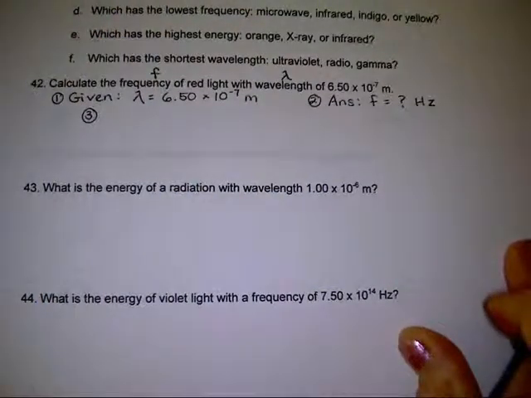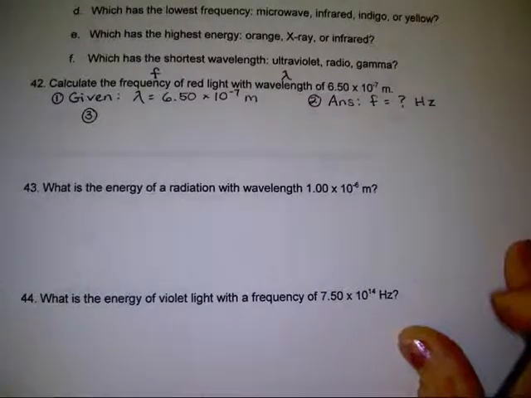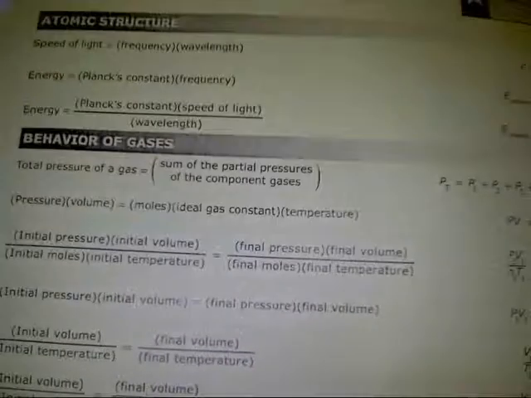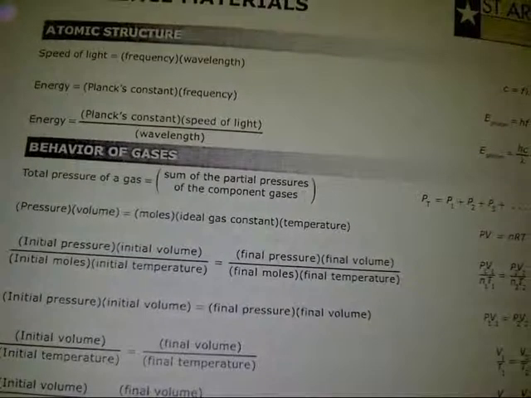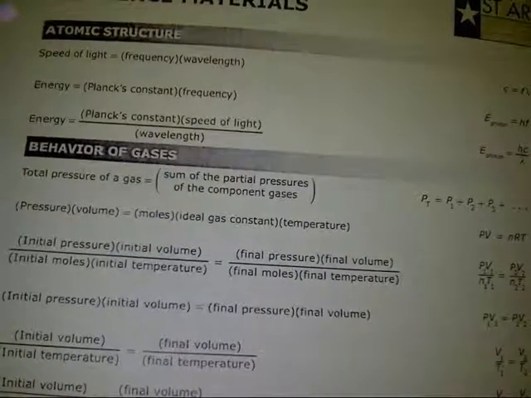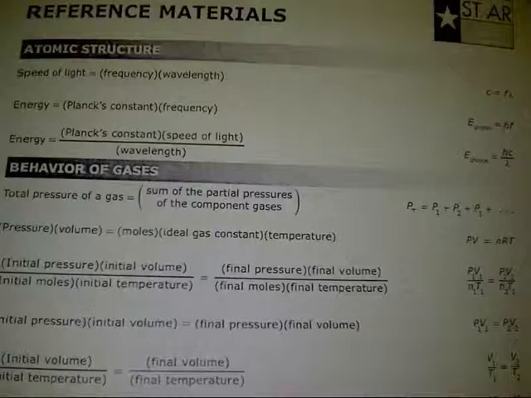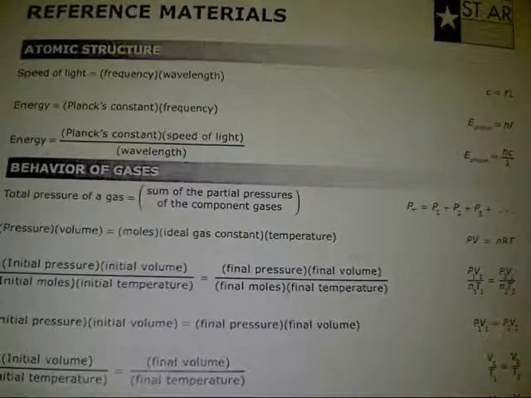Now for the third step, what you need to do is get the formula chart that I gave you in class. It is the green sheet of paper that doesn't have the periodic table on the other side of it. We are going to be concentrating on the atomic structure section, the first section on the front side.